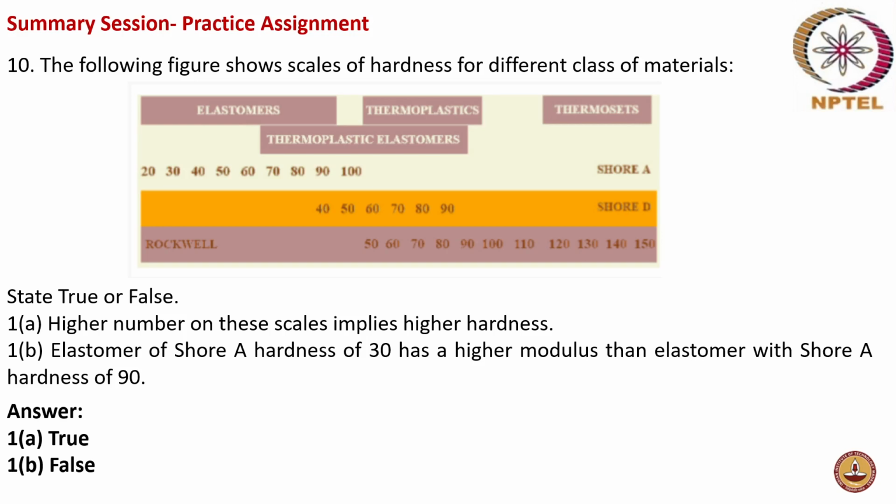So the higher the hardness, the higher the modulus will be. These hardness values, Shore, Rockwell, are all your test values. Modulus is your material property.